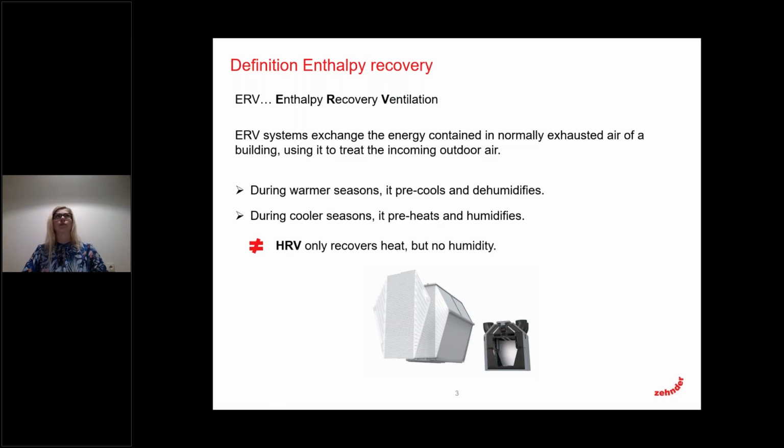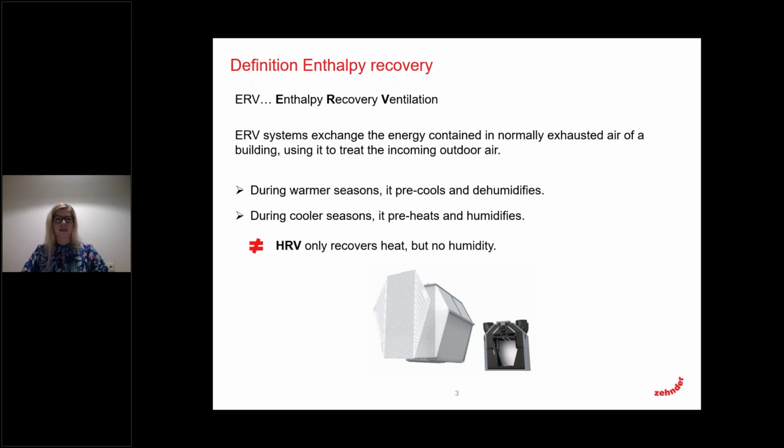In the energy recovery world, it's also used ERV as energy recovery ventilation, but in this way, it only means energy recovery as temperature and humidity recovery, both together.